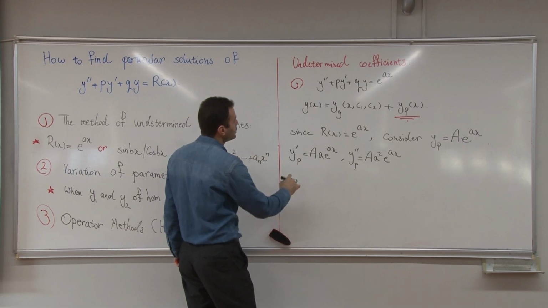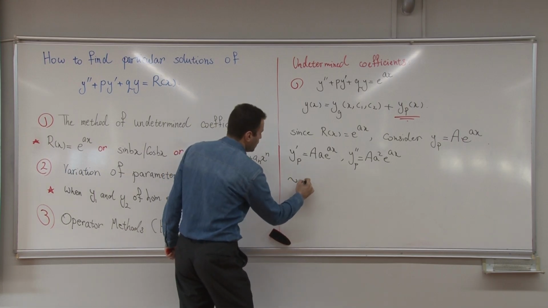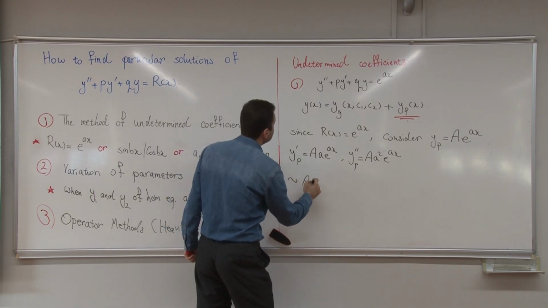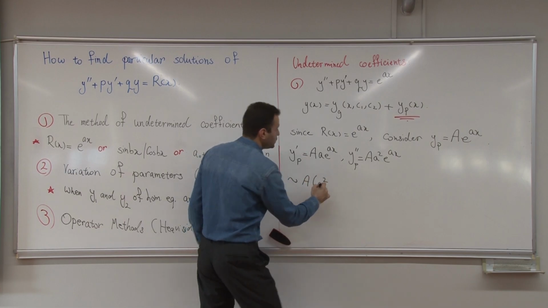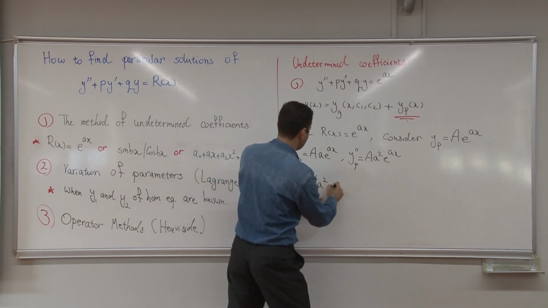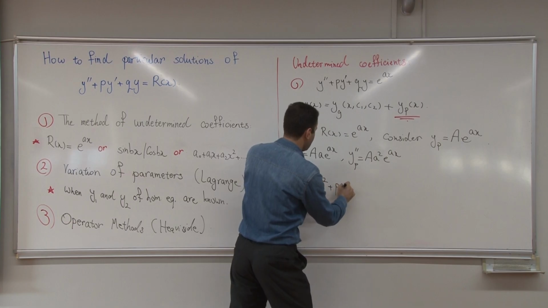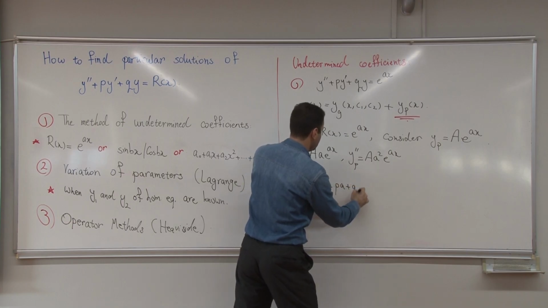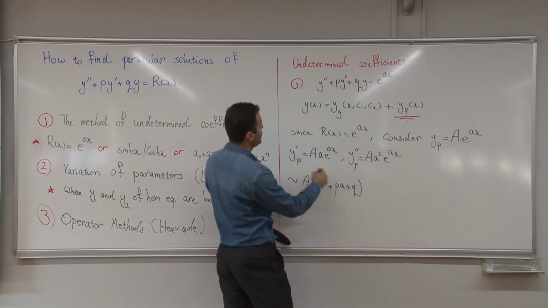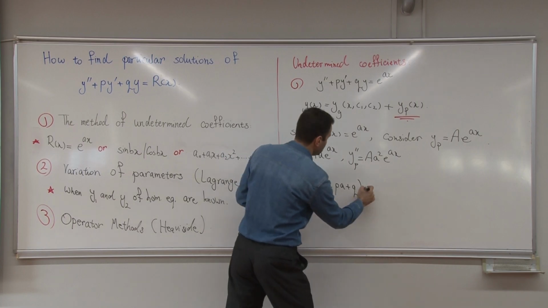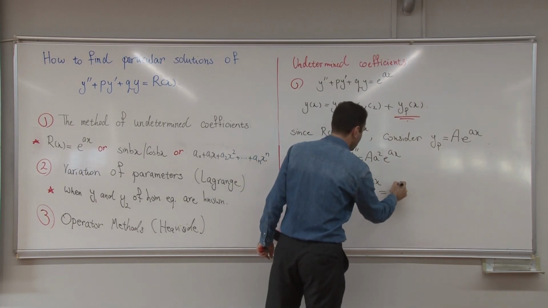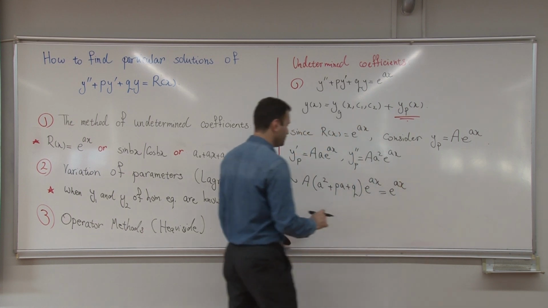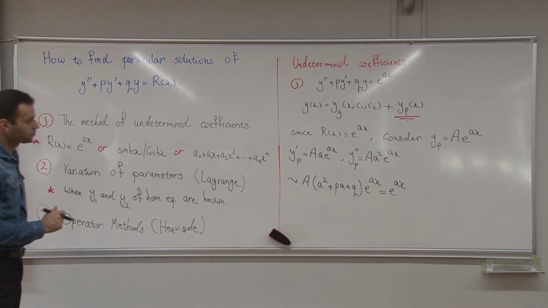We're going to get A times a squared plus p a plus q. A is in all of them. e to the power of ax equal to e to the power of ax, right?